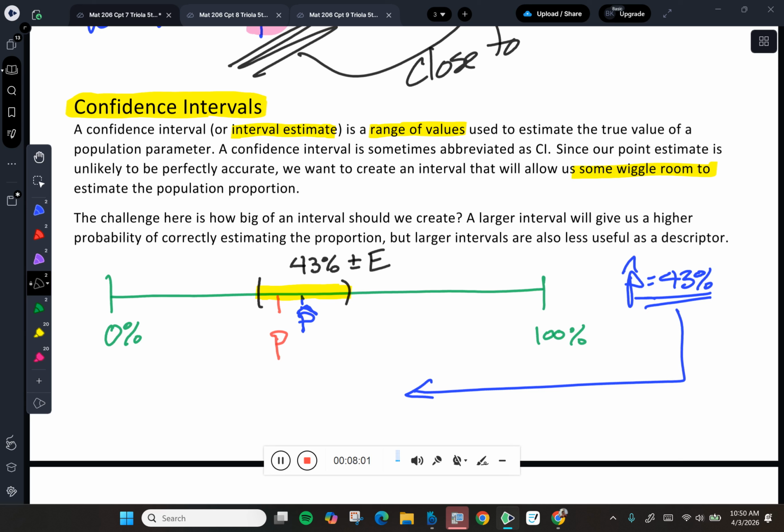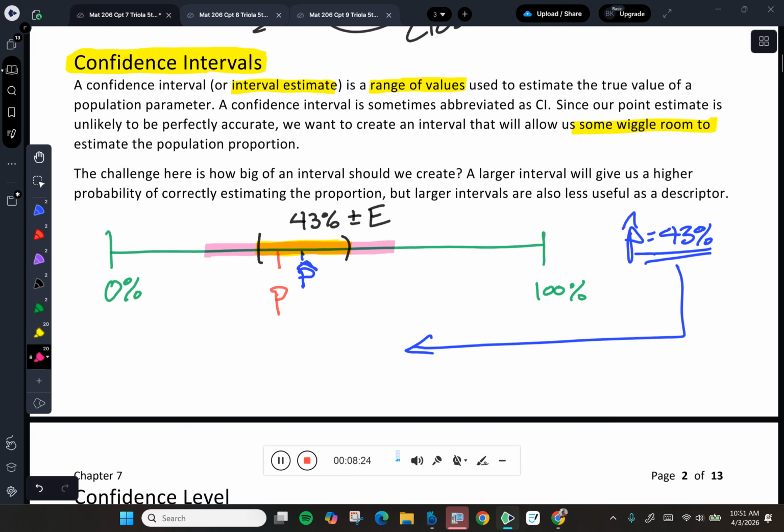Now, if I made E larger, I would just get a larger interval. And a larger interval has a better chance of actually matching where P really is on that number line, but a larger interval also makes that value less useful. What I mean by that is this.